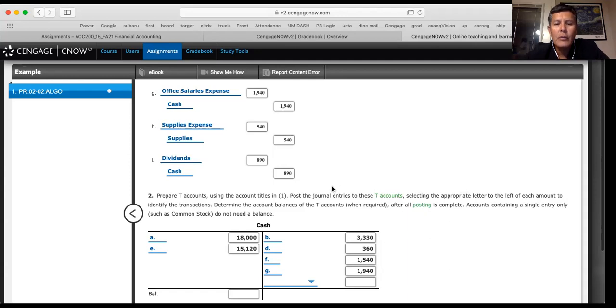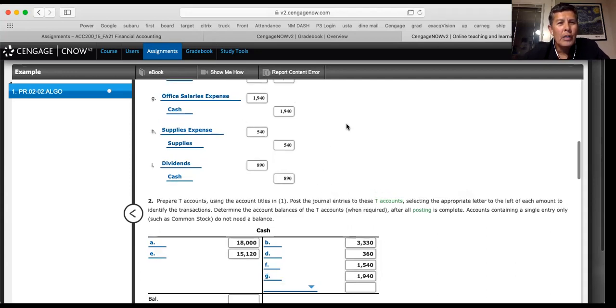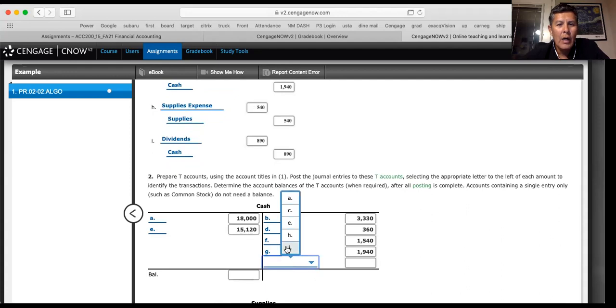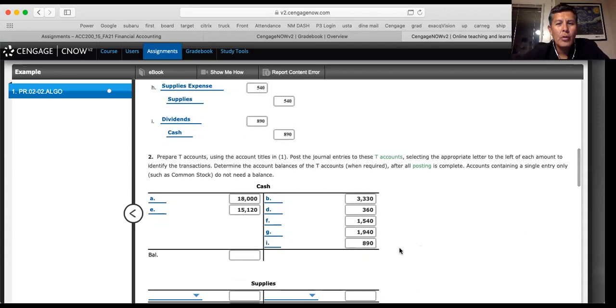In fact, I usually do this in an Excel spreadsheet when I don't use Cengage. G, H, no cash. Oh, I, dividends of 890. So I, 890.